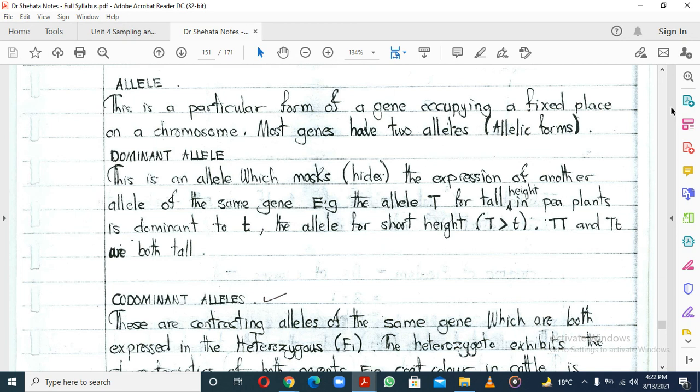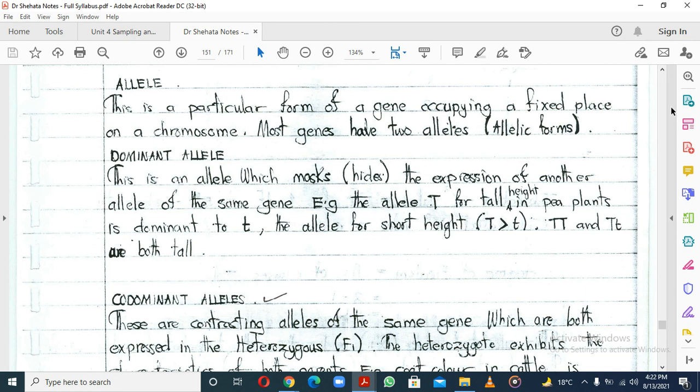It means that if we are looking at, let's say, height, the allele that's dominant, let's say capital T, whether it's homozygous, capital T, or it's heterozygous, where you've got a capital T and a lowercase t, both plants are going to be tall.